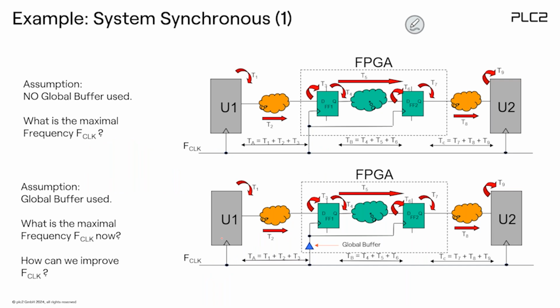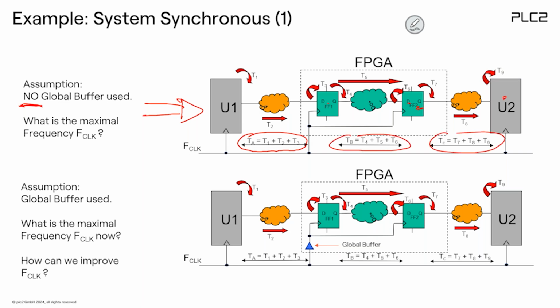we do pay a price for our synchronous design. So let's say this is your circuit, okay, and first assumption, this is the block diagram, no global buffer. So in this case, if you try to analyze the maximum frequency of this design, the maximum time here is TA, the time from here to here is TB, and the time from here to here is TC.